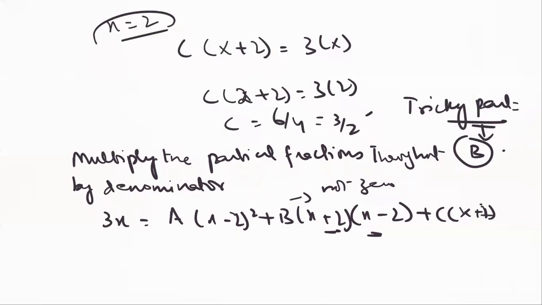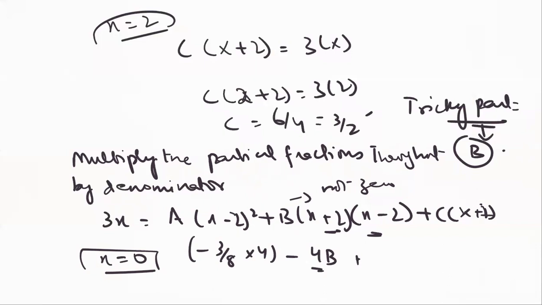So what we will be doing, we will be putting the value x equals 0. When we do this, we know the value of a, so it becomes minus 3 over 8 into 4 minus 4b plus 3 over 2 into 2, because 0 plus 2 is 2.